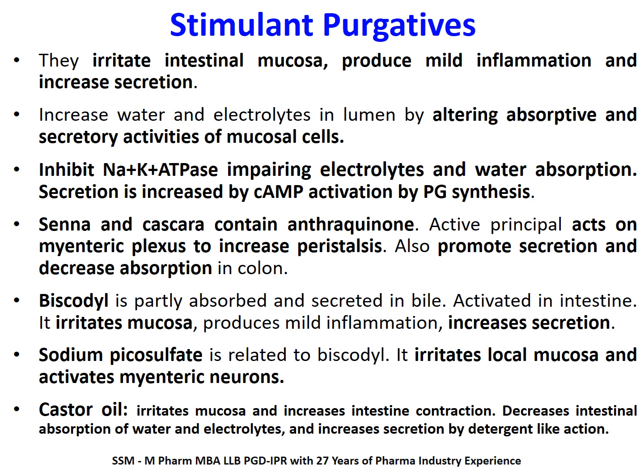Secretion is increased by PG or prostaglandin induced cyclic AMP activation. Senna and cascara contain anthraquinone. Active principle acts on myenteric plexus to increase peristalsis. They also promote secretion and decrease absorption in colon.